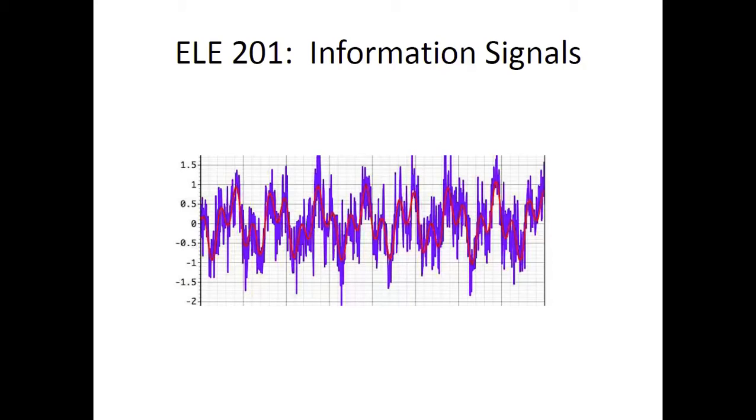Think of the independent axis, or the indices of your sequence, as a time index. Or you have a function where the domain is all real numbers, let's say time. Here's just an arbitrary signal.